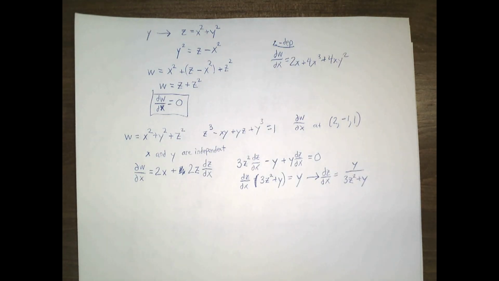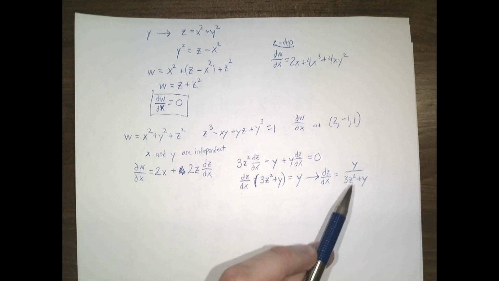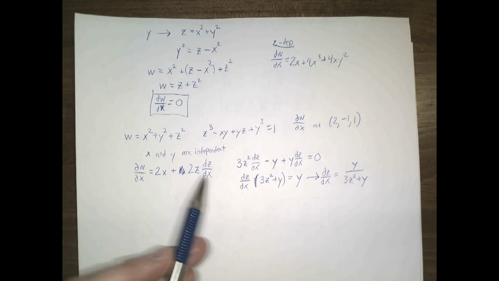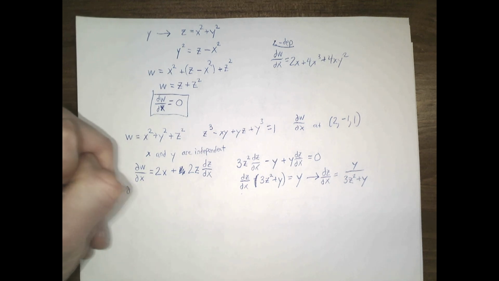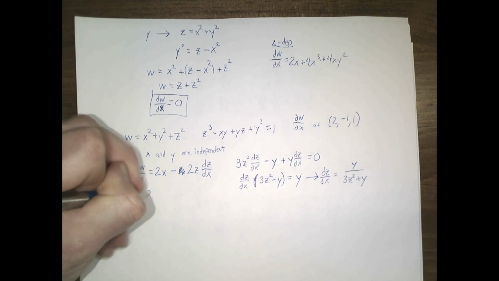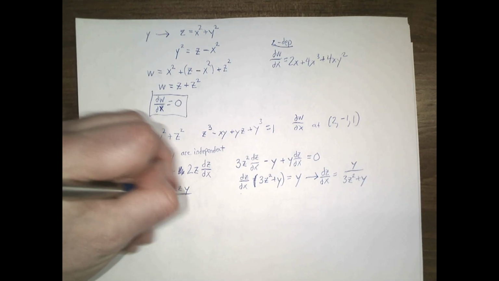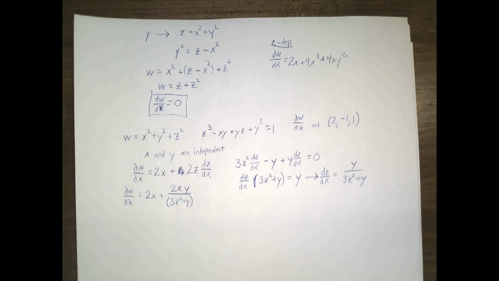So through taking our constraint and deriving it implicitly, we were able to get an expression for dz dx in terms of y and z, which we can now take back to our original derivative of w and plug that in. So dw dx equals 2x plus 2zy over 3z squared plus y.